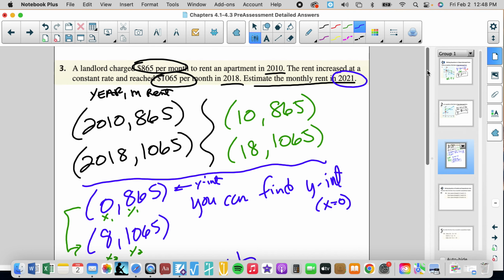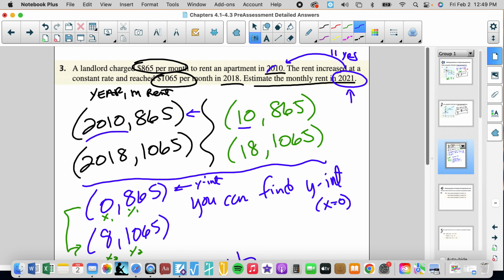So when I want to find what the monthly rent's going to be in 2021, that is going to be 11 years, because I'm not in this format. I'm not using the 2021, the full year, and I'm not using the truncated version where I just chopped off the first 2.